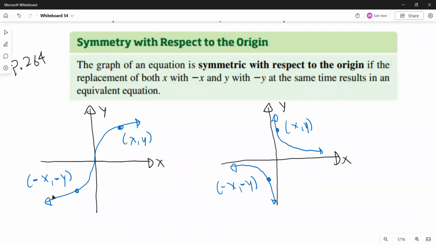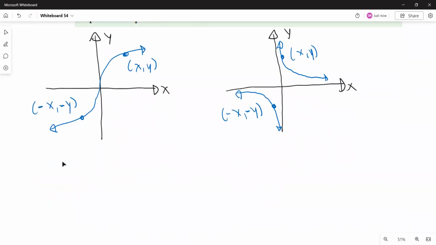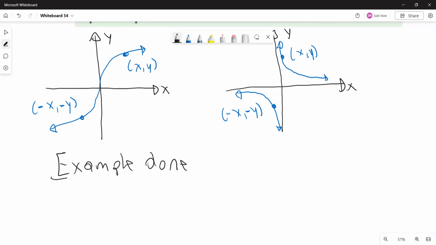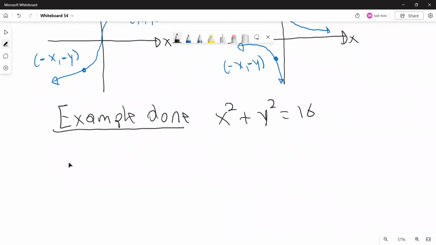And I did one example. The last example was x squared plus y squared equals 16. We learned in section 2 of this chapter that the graph is a circle centered at the origin with radius 4.